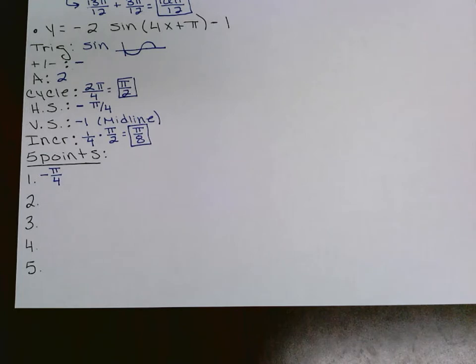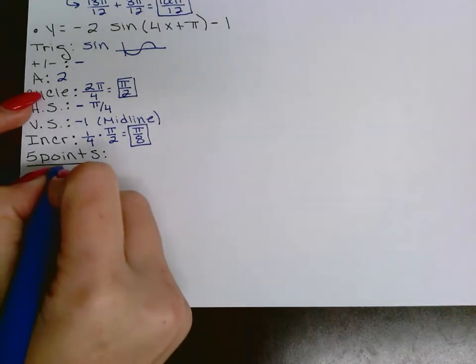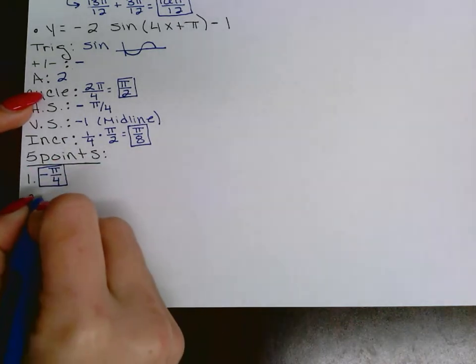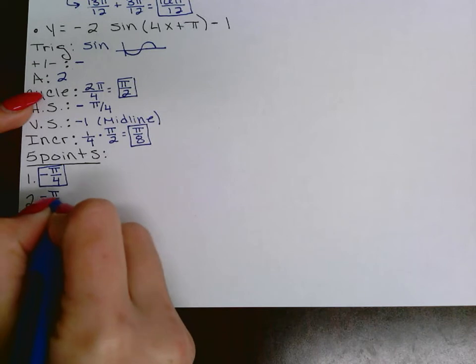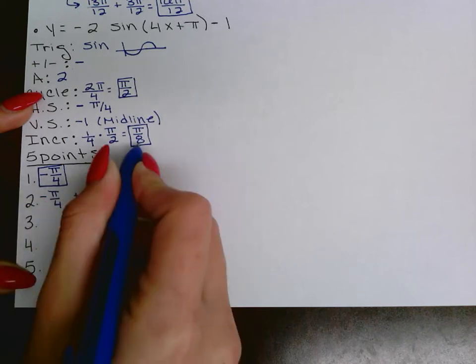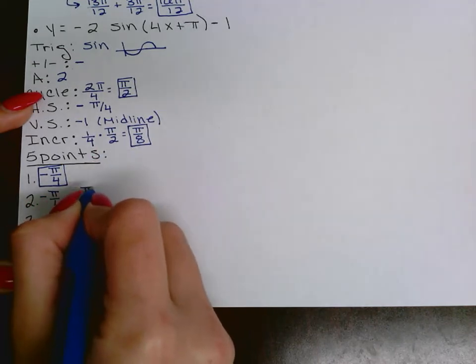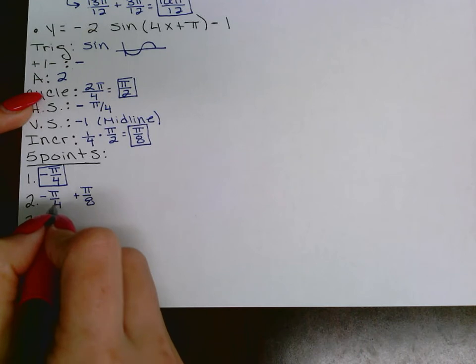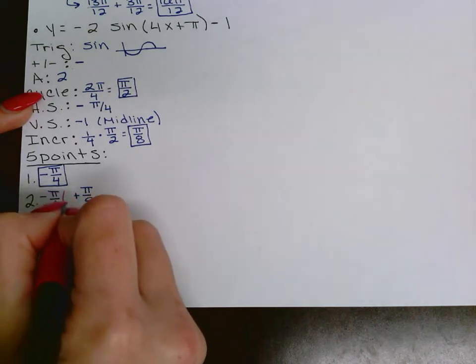All right, so now it's time to add the increments to my 5 points. I already have my first point. Now I'm going to grab that previous point, negative pi over 4, plus my increment, which is pi over 8. Remember, when we are adding fractions, I need common denominator. So I'm going to multiply this left side here by 2 over 2.